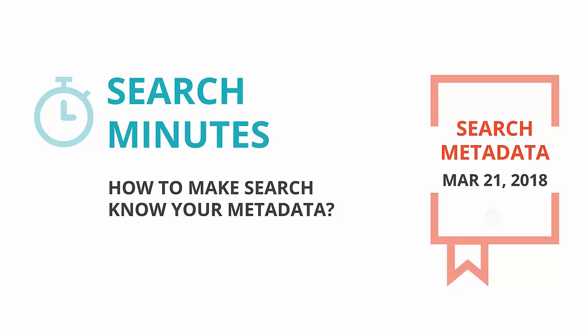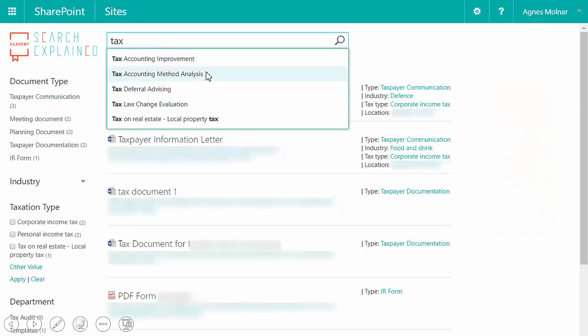First of all, let me show you some examples of where metadata is really important. Everything I'm showing today is in SharePoint, and everything I'm saying or demonstrating can be done in SharePoint and also in Office 365 the same way.